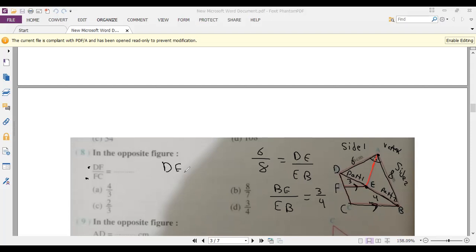In triangle DBC, DE over AB equals DF over FC. So we know the ratio DE over AB is 3 over 4. So DF over FC will be 3 over 4.